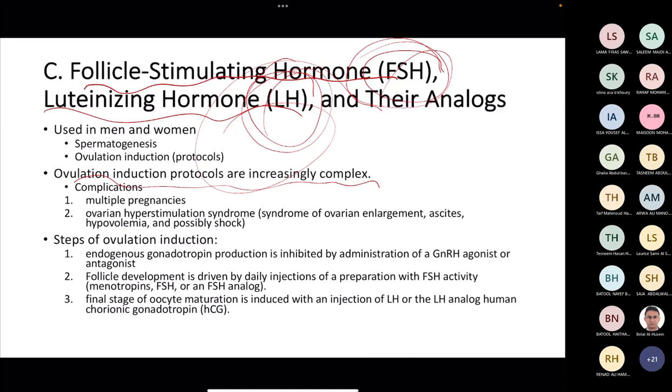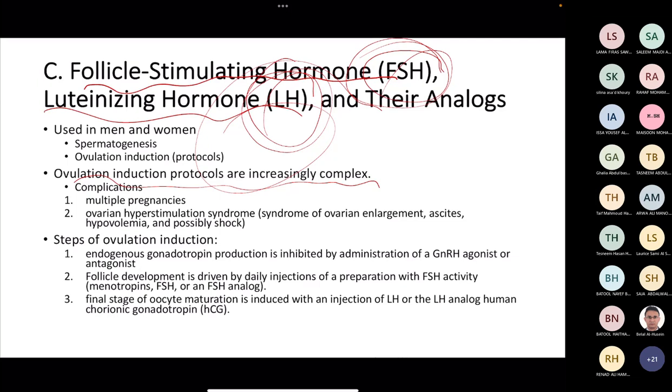Now, of course, there are some complications of external stimulation of ovulation. Normally, normal levels of FSH or LH stimulate one follicle or one ovary, okay, to produce one ova.